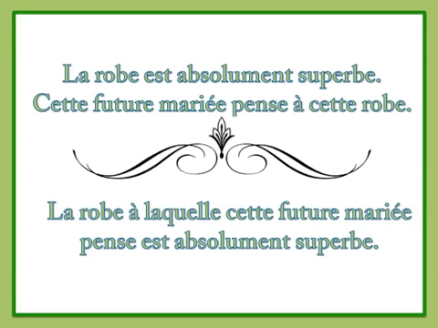And so we have to be careful. There might be a contraction to be made when we're hooking these two sentences together. La robe à laquelle cette future mariée pense est absolument superbe. The dress to which or of which this future bride is thinking is absolutely superb. So two things.